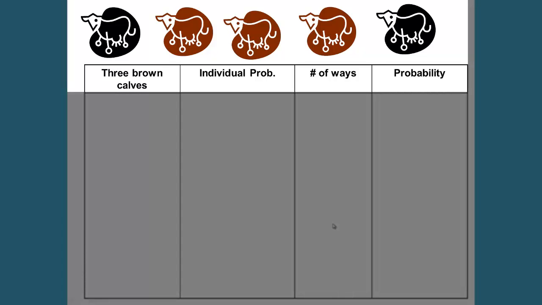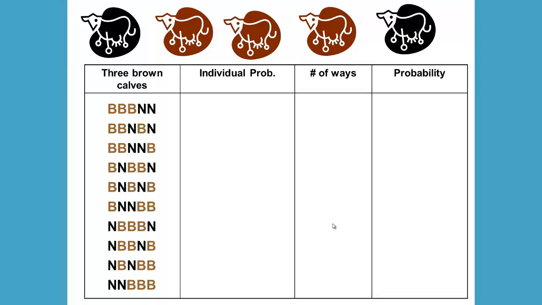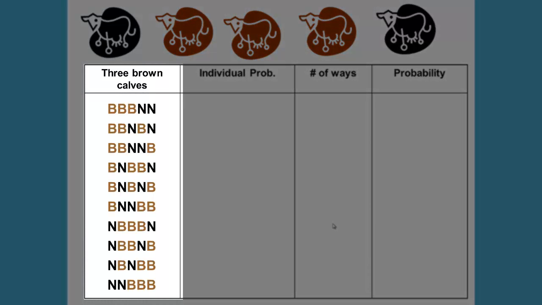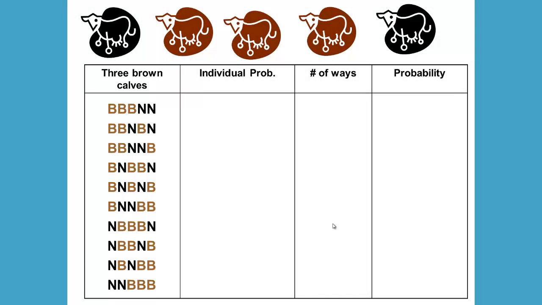The next possibility we will look at is having 3 brown calves. And this would be 3 brown calves and 2 calves that are not brown. And again, we have 10 possibilities for these, and they are listed there in the first column. Again, I'm not going to read all of those out.